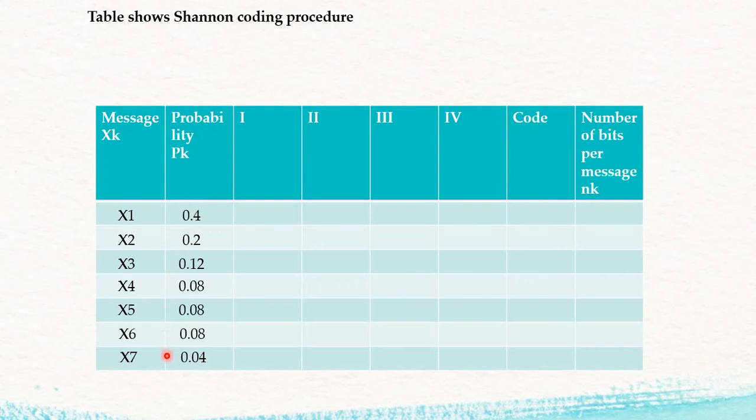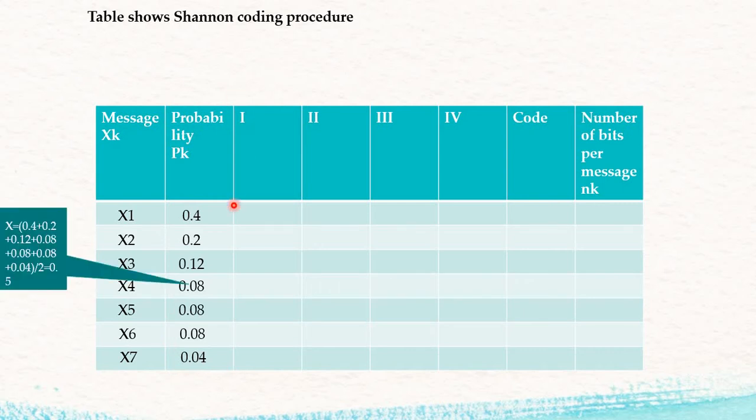As the values are already in decreasing fashion, we have not changed any sequence, so we just note down the values as they are. Once you are done with noting down these values, we go for the second step. According to the second step, we have to take the addition of all these values.